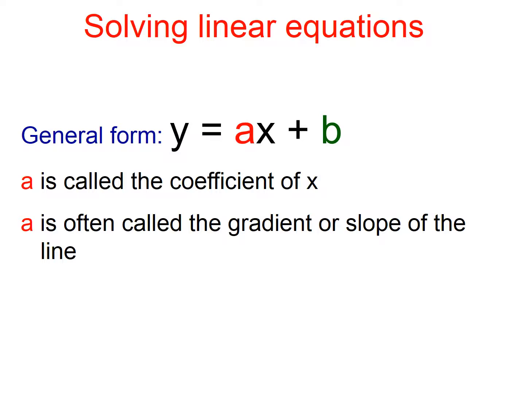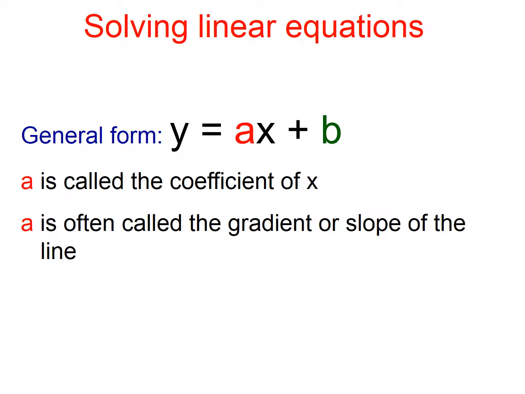If you measured that distance and that distance, we call this distance the change in y, delta y, and this is the change in x, delta x. That's how far you have to go across to go up any unit, for any bit on the line.